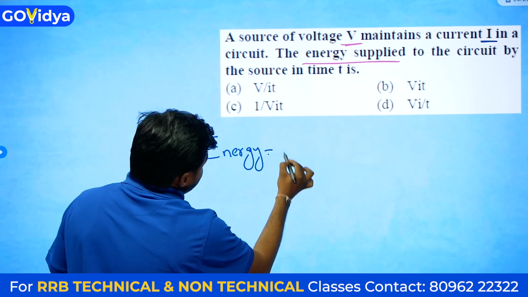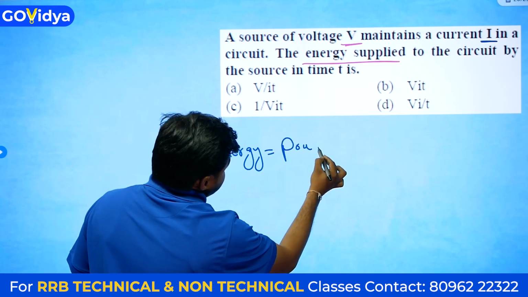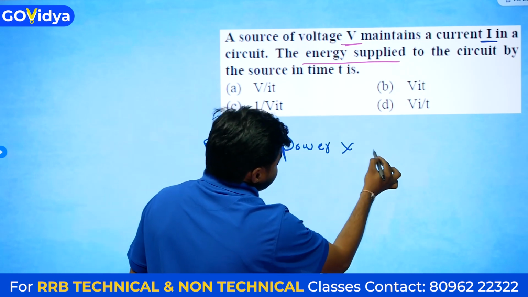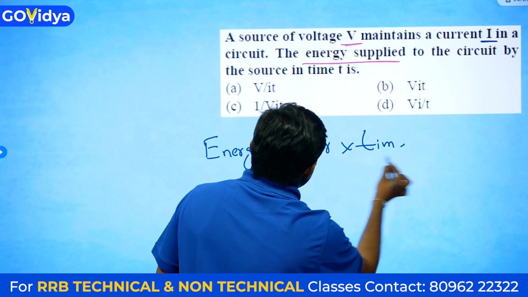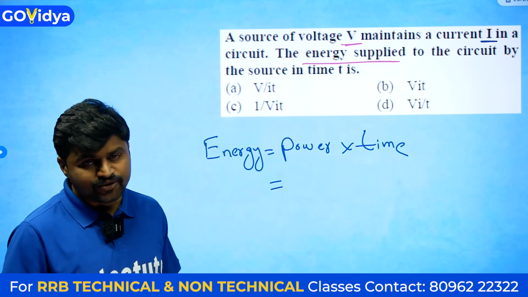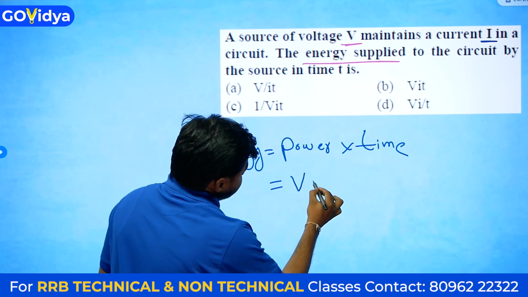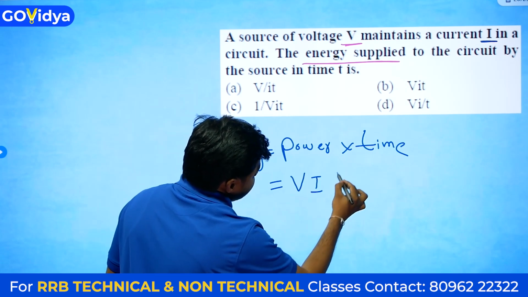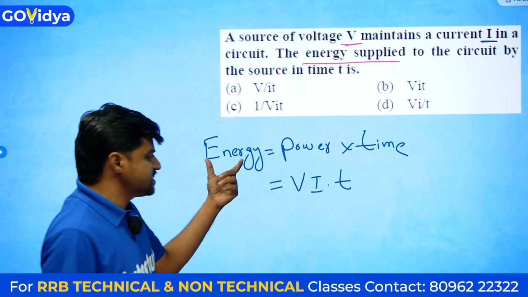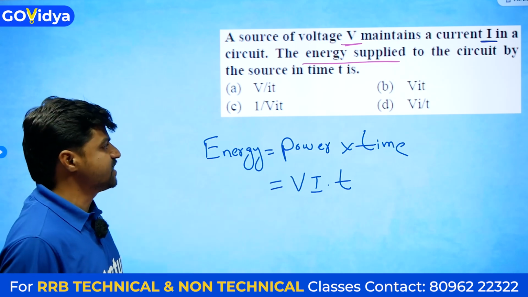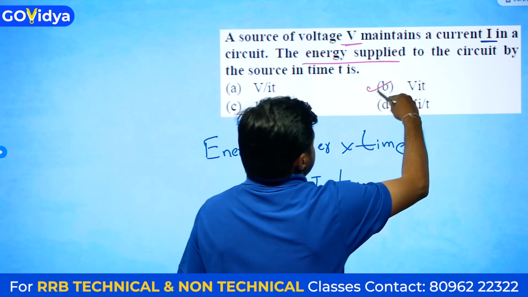Energy is equal to power into time. Okay, what is power? Power is equal to voltage into current, into time t. Okay, energy is equal to VIt. From the options, option B is the correct answer.